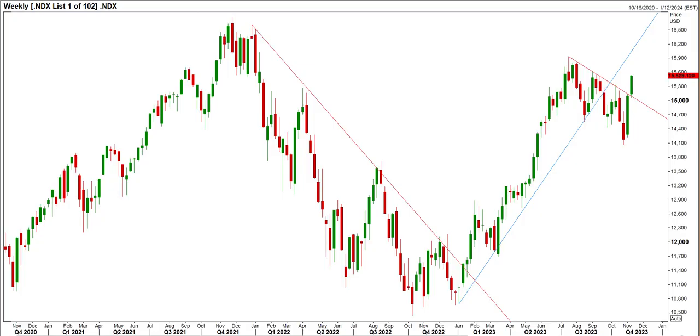Similar behavior of the market can be seen over here on the weekly chart of Nasdaq. Before this it was trading below this falling trend line, it was in a bearish zone, it was trading in a bearish trend. Once the price closes, during the third week of January 2023, above this falling trend line, it was in a bullish trend, and it was continuously trading in a bullish zone.